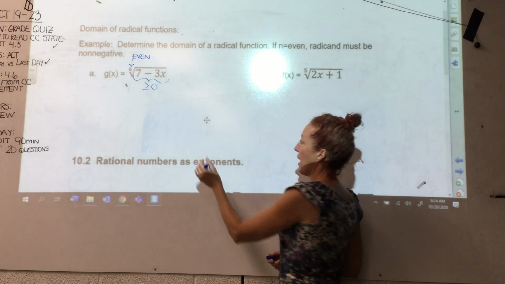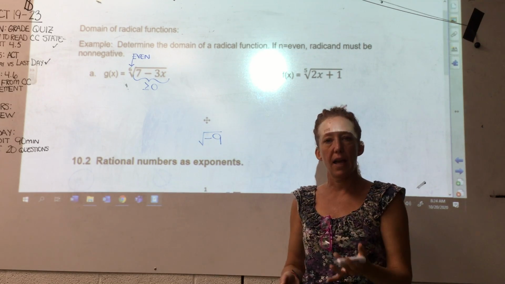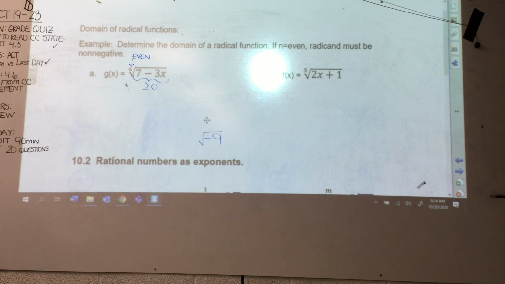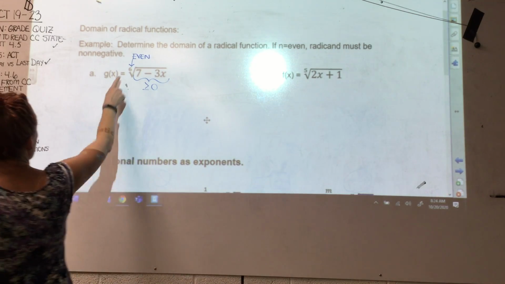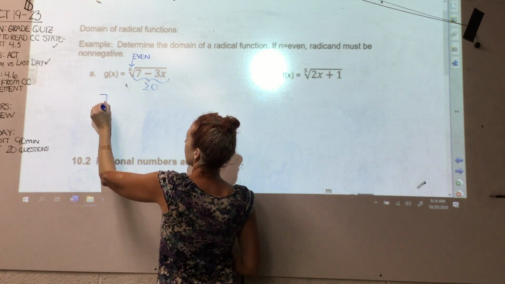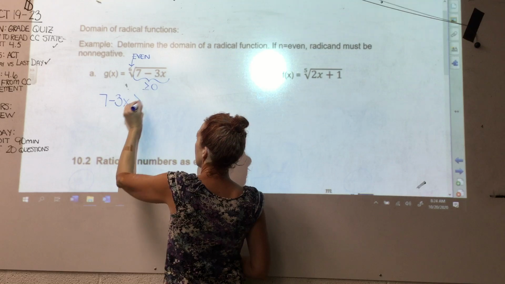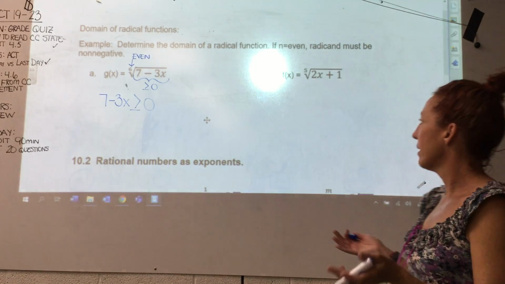Because again, it goes back to the idea that you can't have the square root of -9. There's no way to come up with a number multiplied by itself and get a negative. So, if this is any even root, what you're going to do is take the expression that's underneath the radical and set it greater than or equal to 0 and solve for x.